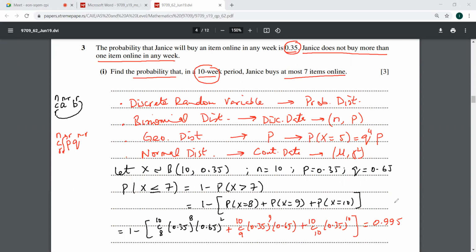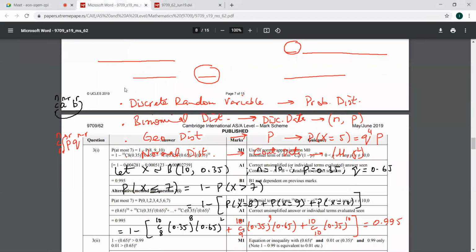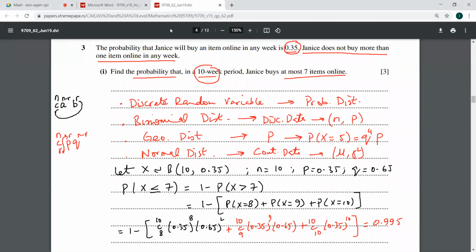Okay, is that the answer? I quoted it, I mean, the first part's answer. Yeah, it is right. Yeah, this is going to be at most 7. Okay, so yes, 0.995. Okay, so we go to the second part then.